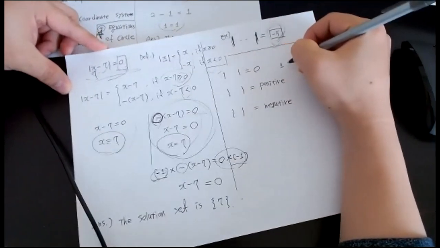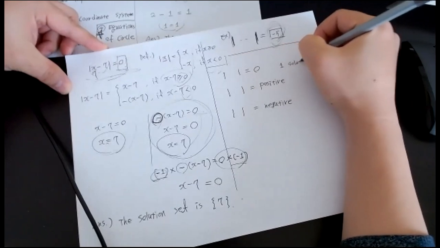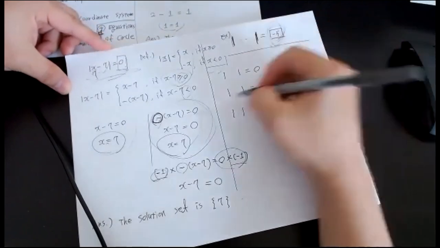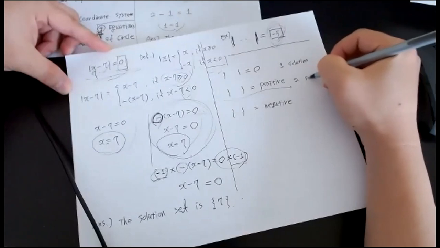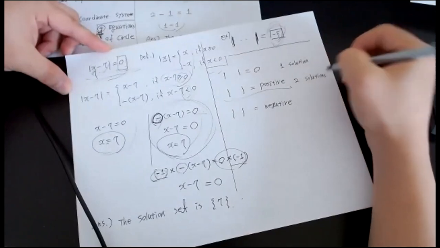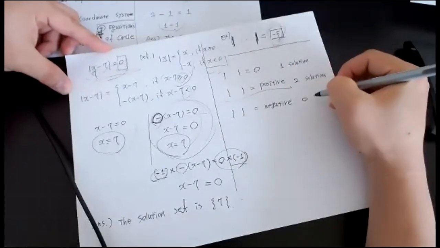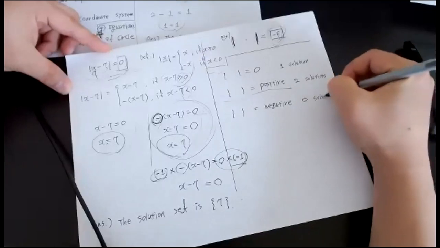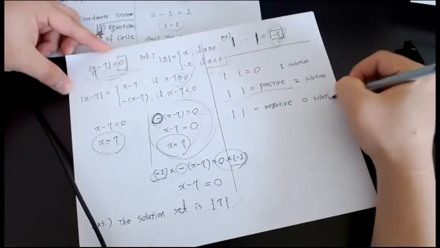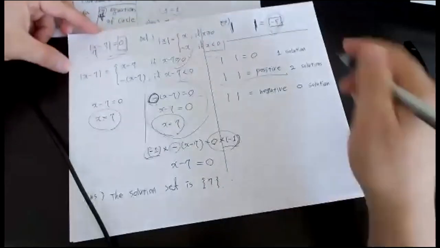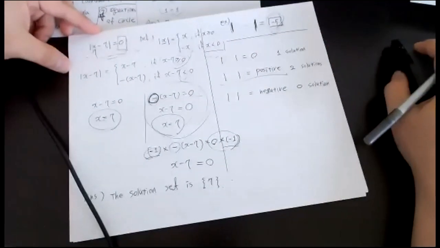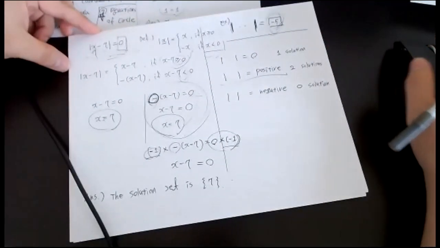If it is positive, you're going to get 2 solutions. If negative, 0 solutions, I mean, no solutions. So the answer is what? The solution set is {7}, right?